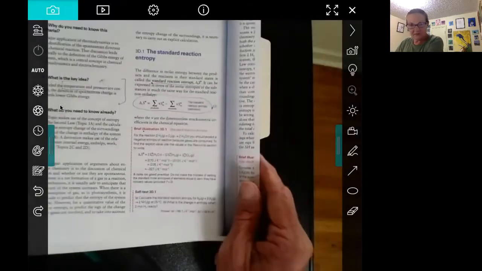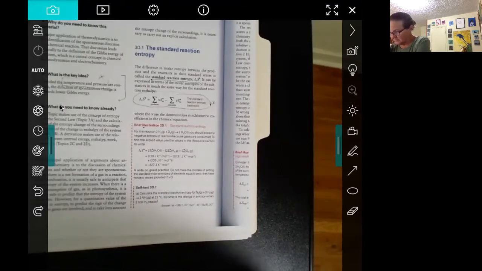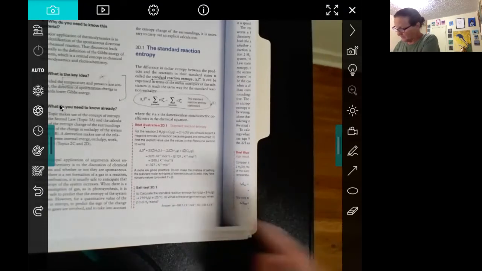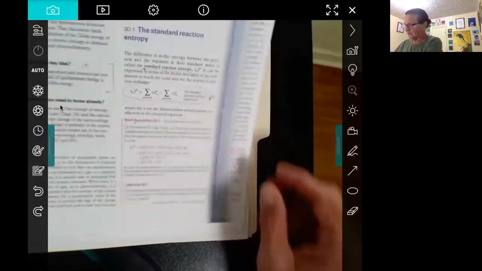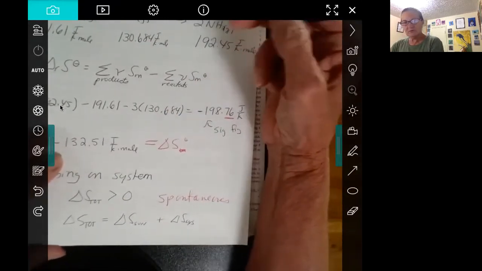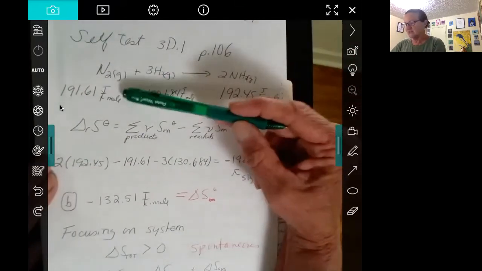And let's just do self-test 3D.1. So we want to calculate the standard reaction entropy for the formation of 2 moles of NH3 gas from the elements in their stable states. So what's the change in entropy when 2 moles, well, just for A, we're just going to calculate the standard reaction entropy for that reaction. So here's our reaction, and it's a formation reaction, but remember when you're talking about entropy, these don't have entropies of 0 because these are absolute entropies.